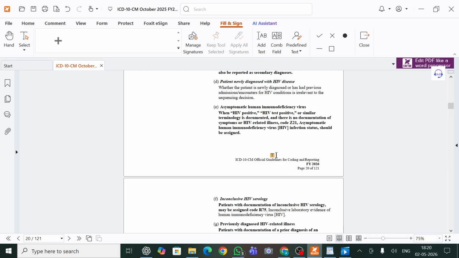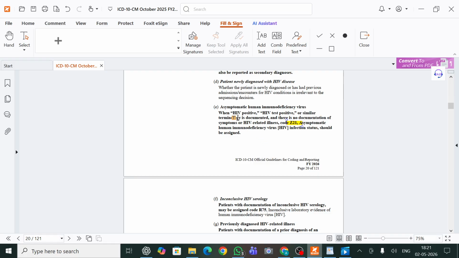Asymptomatic HIV disease or HIV virus, that is human immunodeficiency virus. Here, if HIV positive, HIV test positive or similar terminologies, only HIV mention or asymptomatic HIV mention, at that time we will code only Z21. And if you find a confirmed condition in your record, HIV disease, AIDS, or symptomatic HIV, these three conditions, at that time we will code B20.